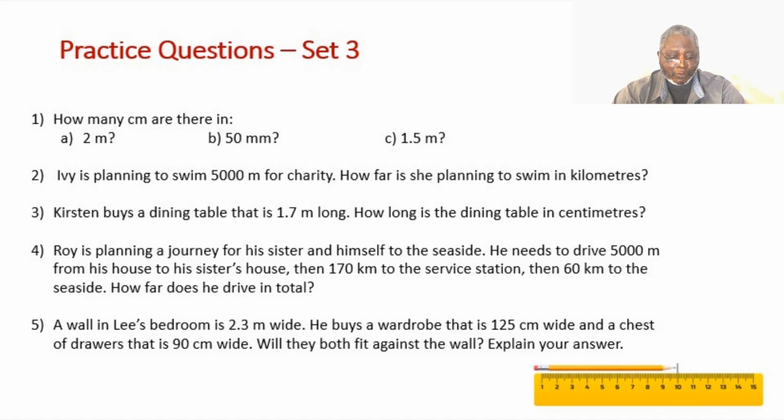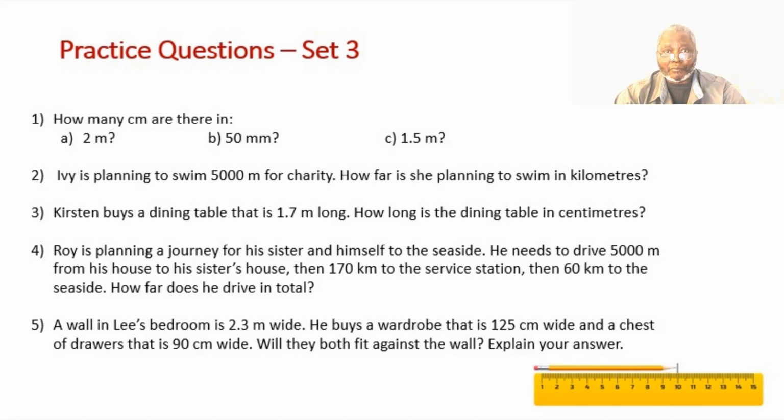Question 5. A wall in Nee's bedroom is 2.3 meters wide. He buys a wardrobe that is 125 centimeters wide and a chest of drawers that is 90 centimeters wide. Will they both fit against the wall? Explain your answer.